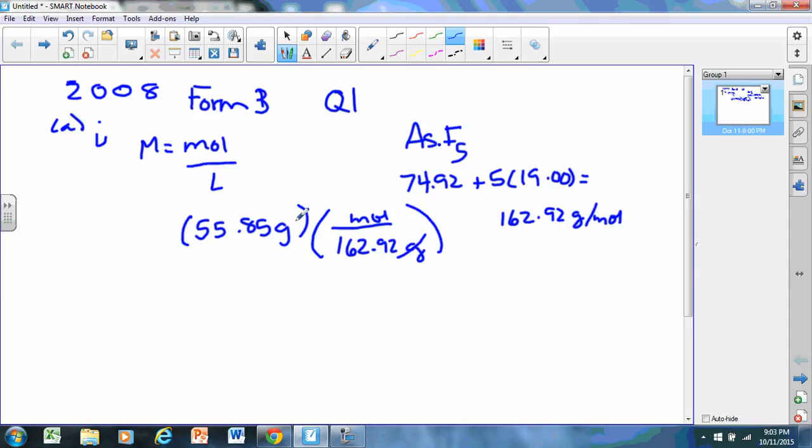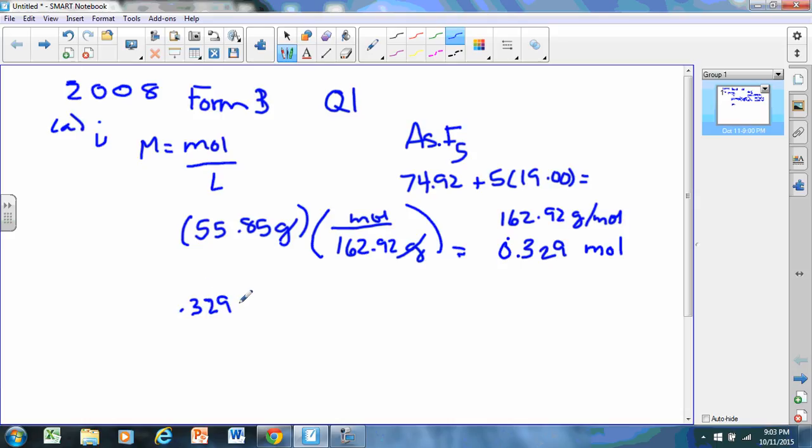And if I pause to do that on my calculator, should have done this ahead of time, 55.85 divided by 169.92, I get 0.329 moles of this, but they didn't ask for that. They asked for molarity. So now molarity is moles per liter.